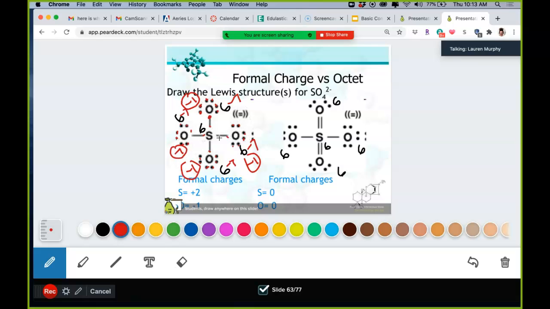Sulfur, 1, 2, 3, 4. 6 minus 4, +2. So this one has formal charge everywhere. Every single element in this ion has formal charge.